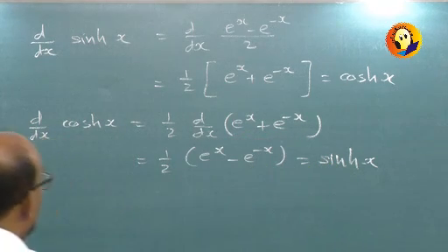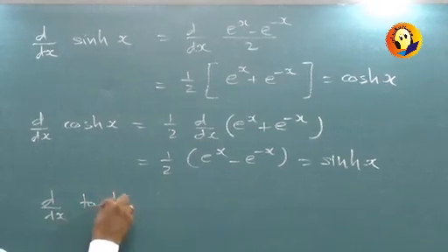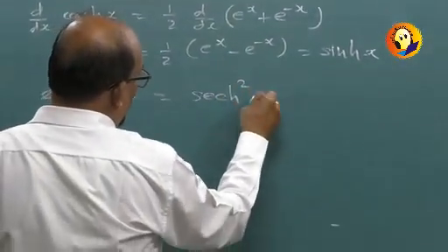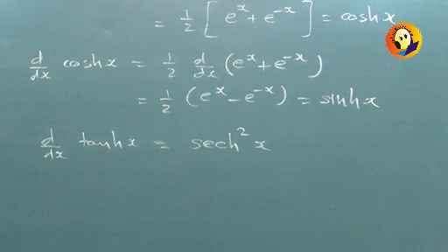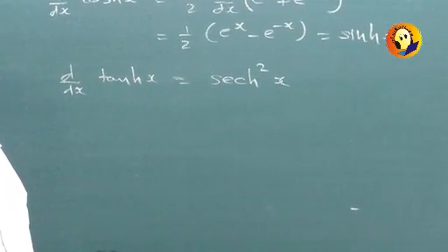Differentiation of tan x comes out to be sec x square. You can use that differentiation formula, use u by v, and you will get it as sech square x.